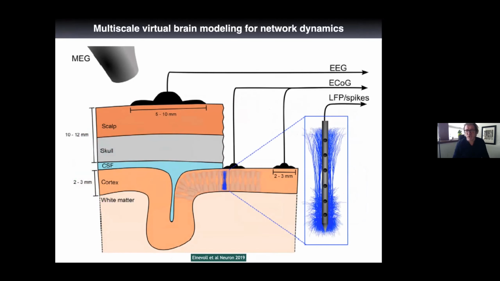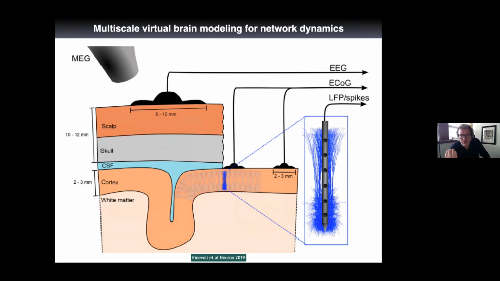What I wish to enter into, and this is one of the reasons for the importance of the virtual brain platform, is that it bridges a gap between sensor and source signal. The sources here are on the cortex in this representation and are aligned vertically to the cortical surface.